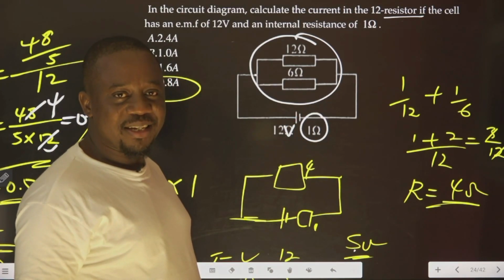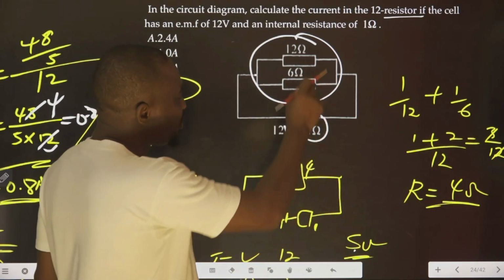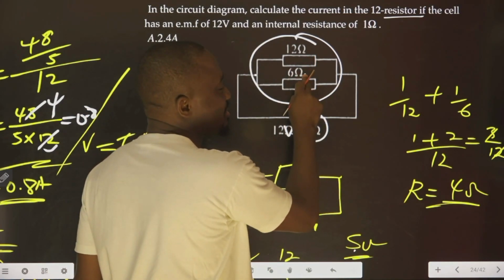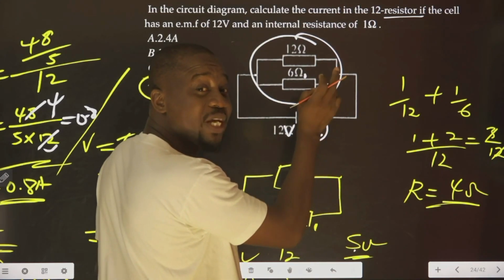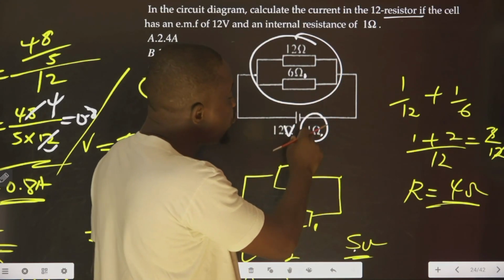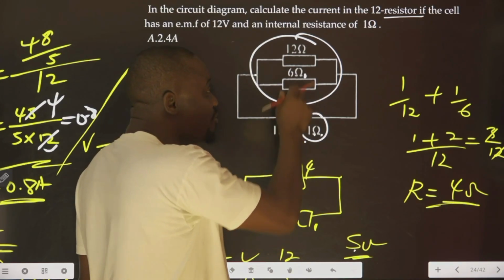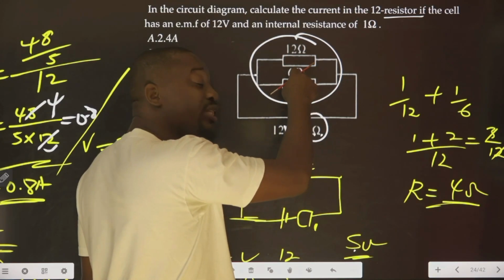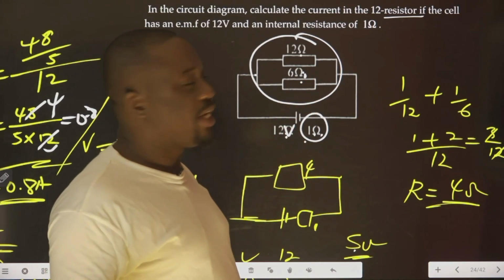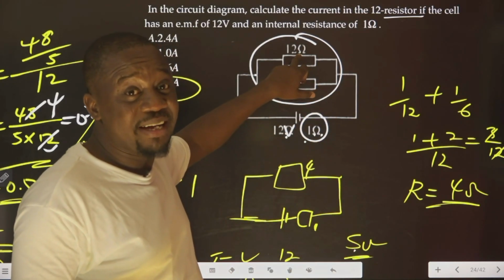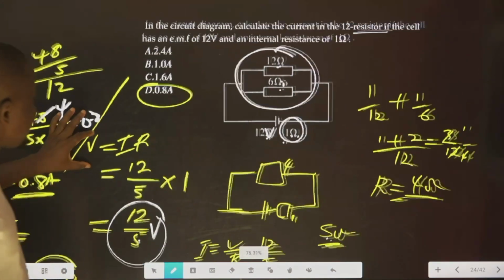To get the voltage, we multiply the current that passed through here by the effective resistance, and the same thing with this. Once we get the voltage of this, we remove it from the total, and the remaining one is for these. Because whatever voltage we get is for this, and that means they are equal. It means you can simply go ahead and divide by 12 to get your final answer.